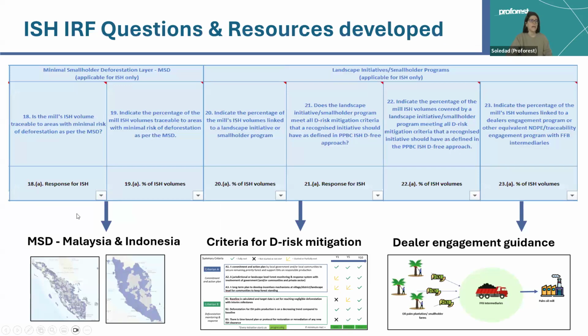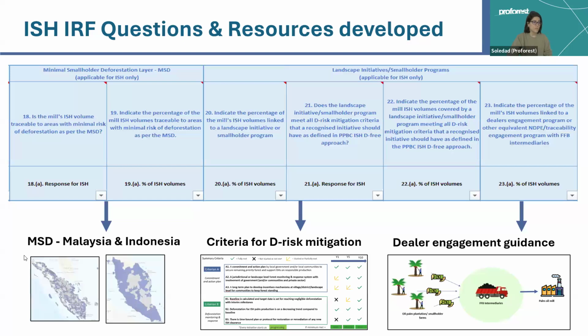So now in the IRF, in the version 6.0, we have questions regarding these alternative pathways. So we have questions regarding the minimum smallholder deforestation layer. We have questions regarding volumes linked to landscapes. And we have questions regarding volumes linked to dealer engagement programs.